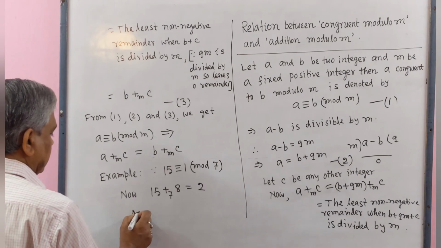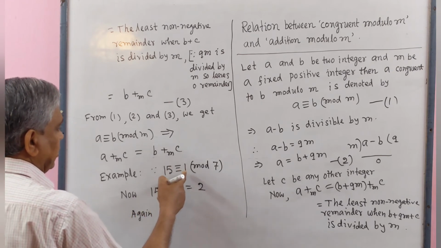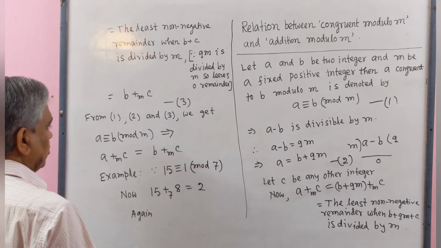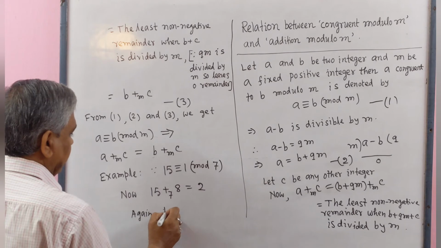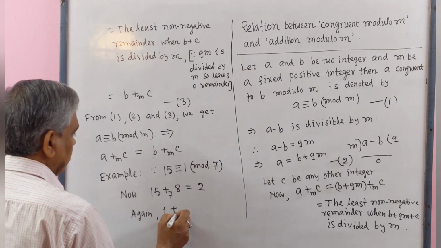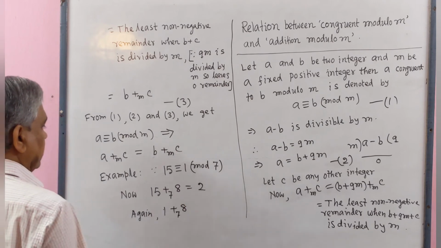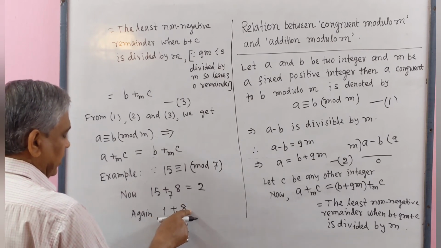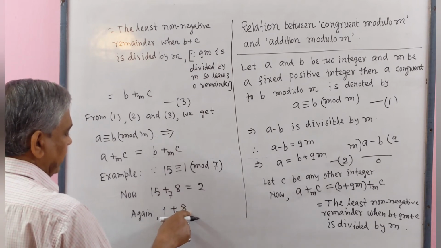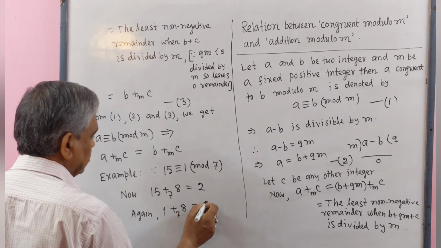Again, since 15 is congruent 1 modulo 7, we take now 1. 1 addition modulo 7, 8. Here 1 plus 8 equal to 9, and when 9 is divided by 7, remainder is 2.